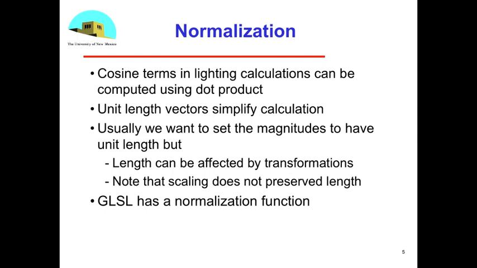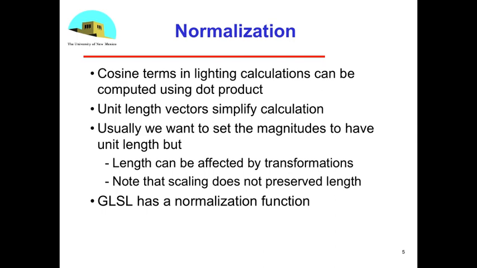We're always using the fact that we want to use cosines rather than angles, because they can be computed using the dot product, and if the vectors are pre-normalized, then the dot product is in fact the cosine of the angle.